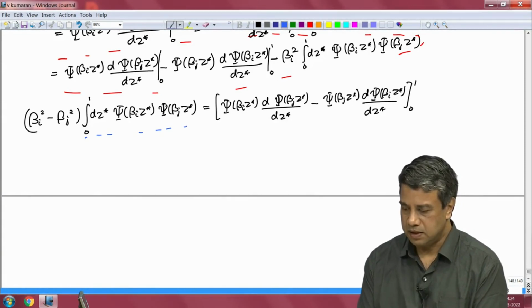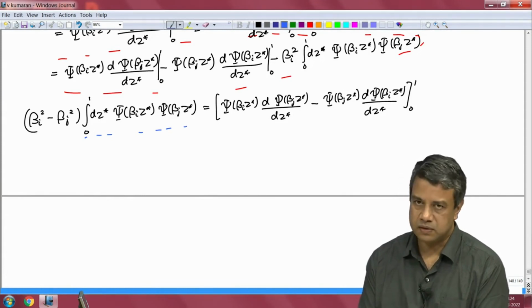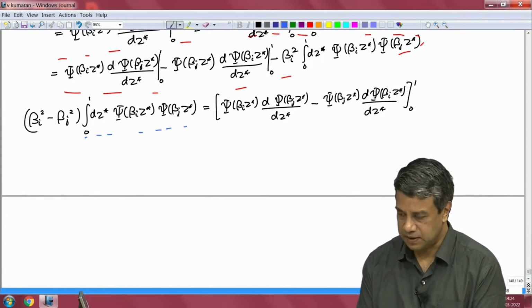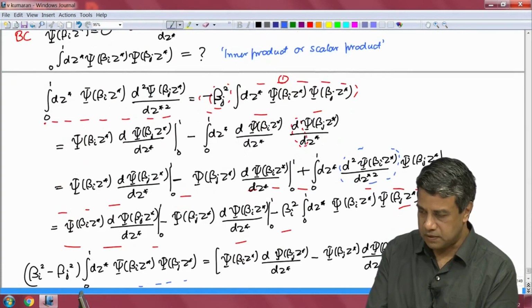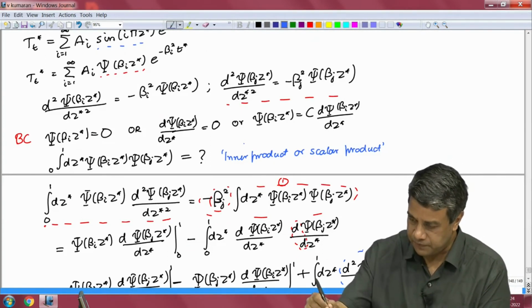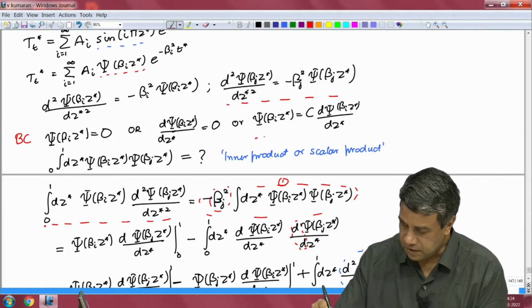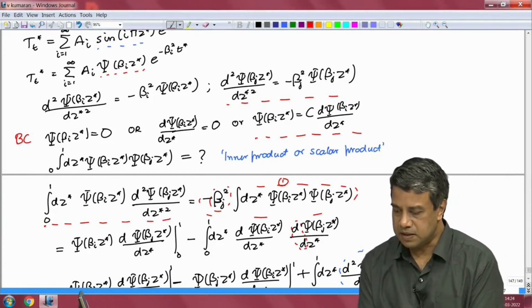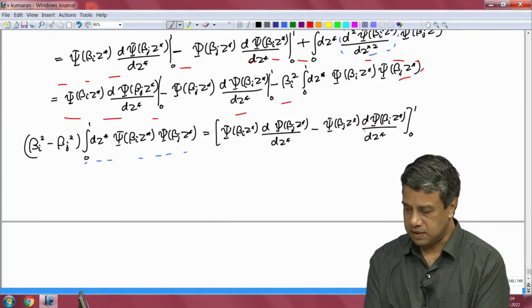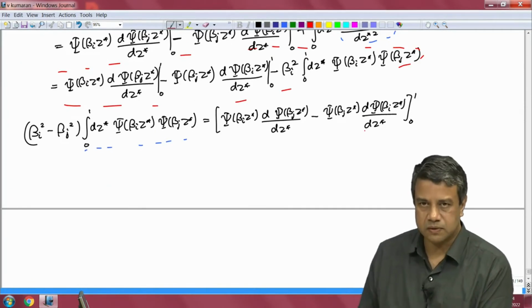If psi is 0 on one boundary and the derivative is 0 on the other boundary, then also it is equal to 0. And if I have a relationship between the values at the boundaries of this form, you can easily substitute that into this equation and you will see that the right side is also equal to 0.